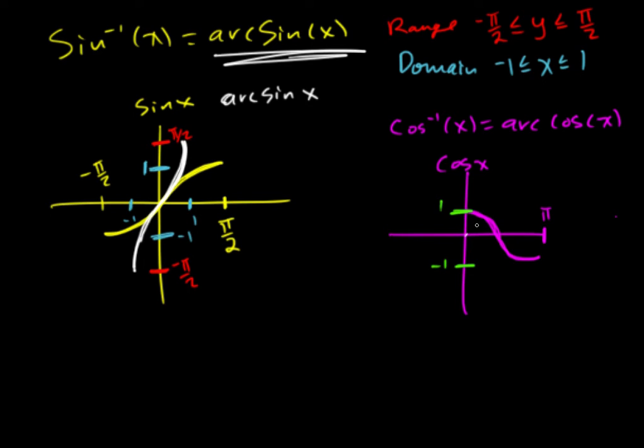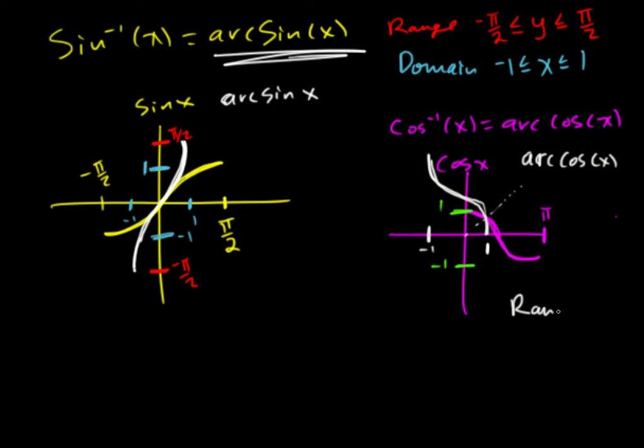Now, if we flip that across this line, we're going to get something that looks kind of like that. And the domain and range are going to be flipped because it's an inverse. So the white one is arc cosine. And so, since the y values were from -1 to 1, the x values are from -1 to 1.